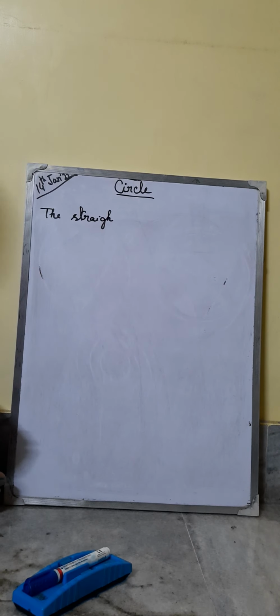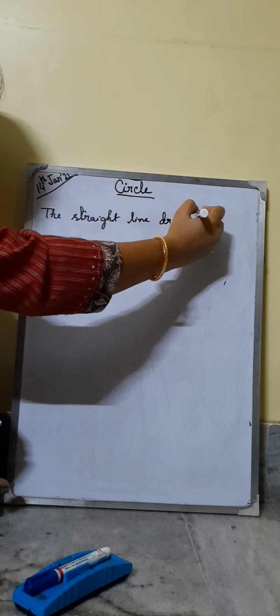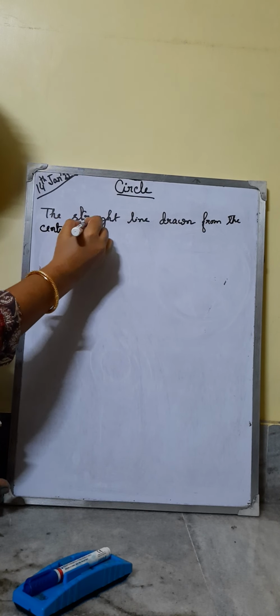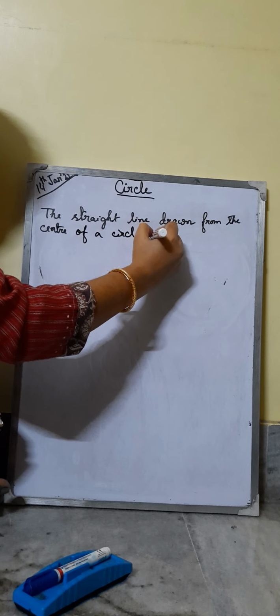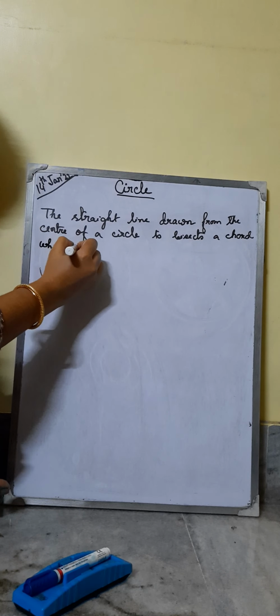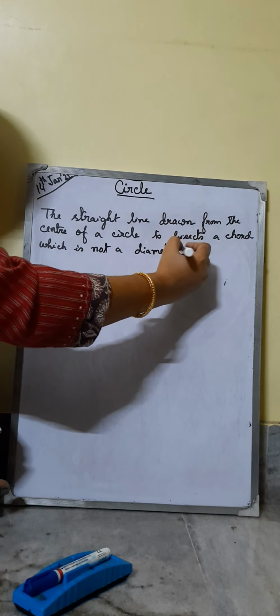The first theorem is: a straight line drawn from the center of a circle to bisect a chord which is not a diameter is perpendicular to the chord.